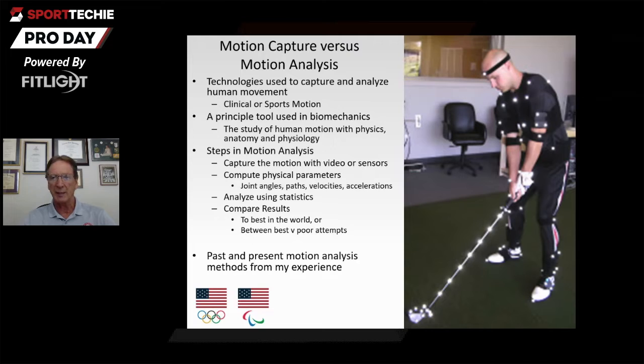And if we don't have a database of the world's best, for example, we could compare you to you. We could compare your current performance of a skill to what you've done in the past, and maybe compare your best to your not so best. So that's the way that we can use motion analysis, and I'll give you some examples by looking at past and present motion analysis systems from my point of view, from my experience.